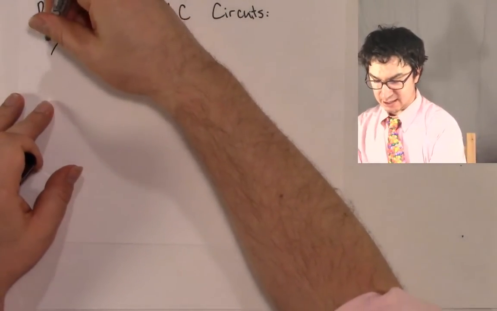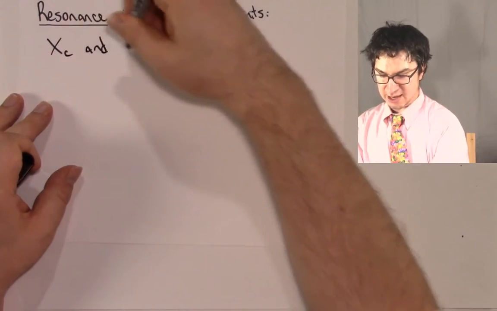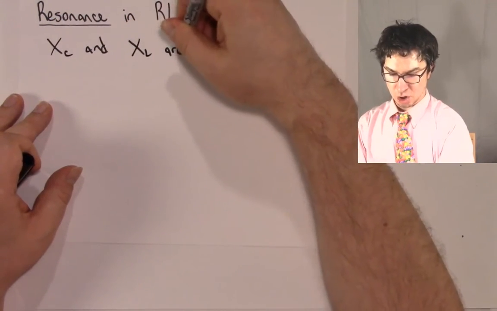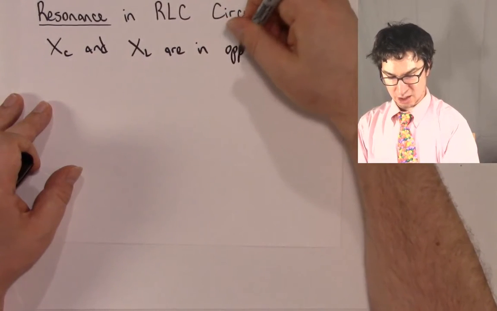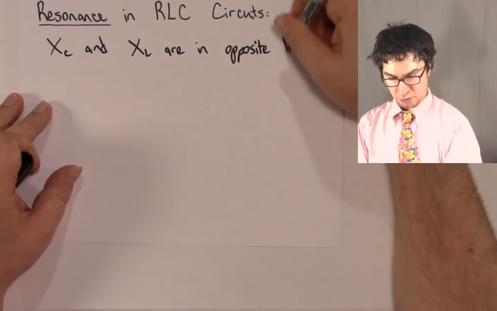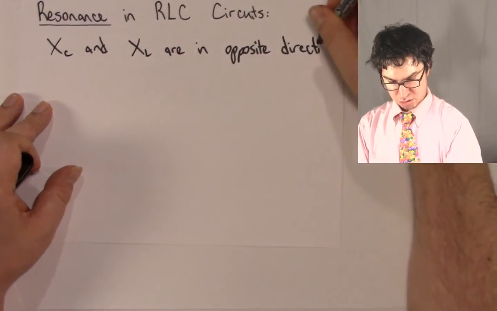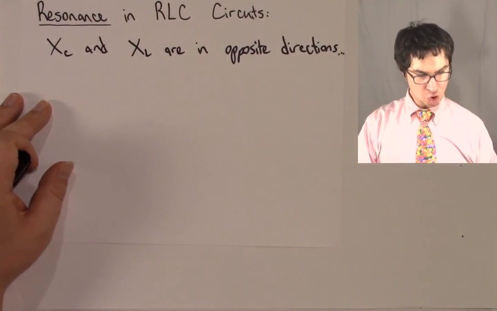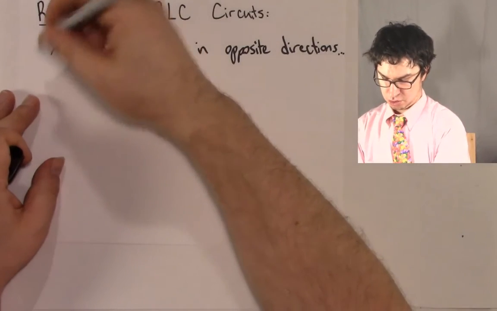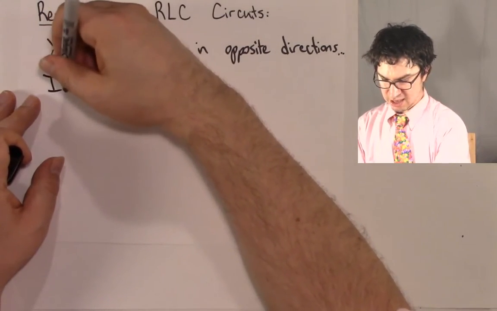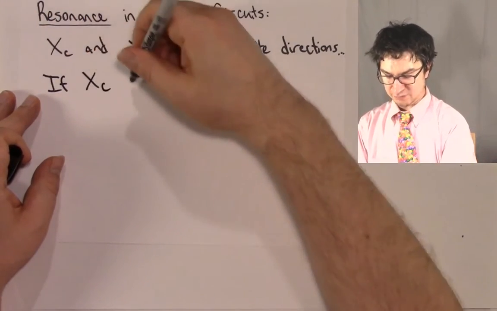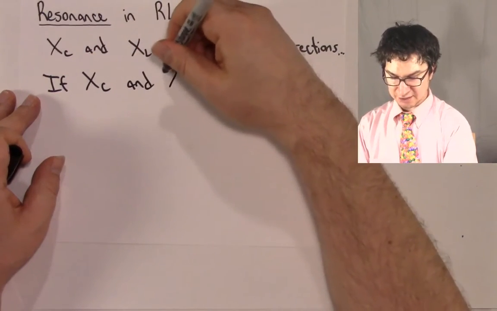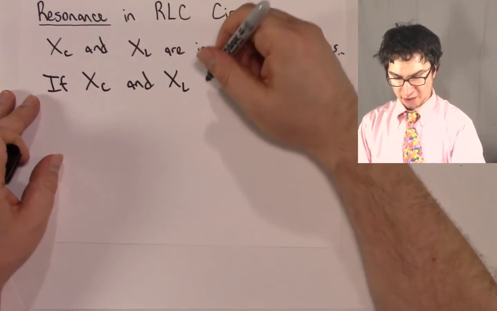Well, resonance asks this question. If XC and XL are in opposite directions, if that's true, what would happen if the capacitive reactance and the inductive reactance are equal?